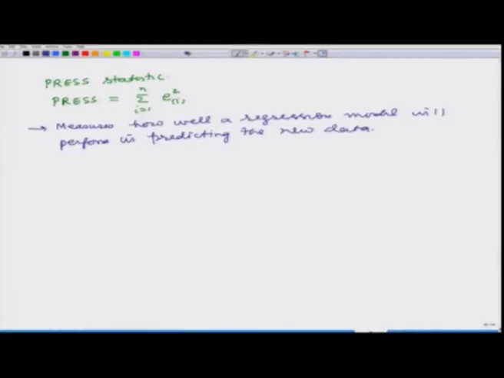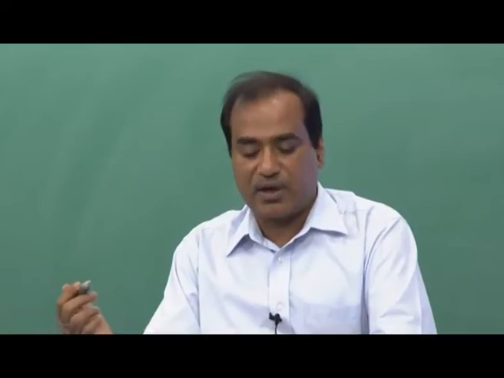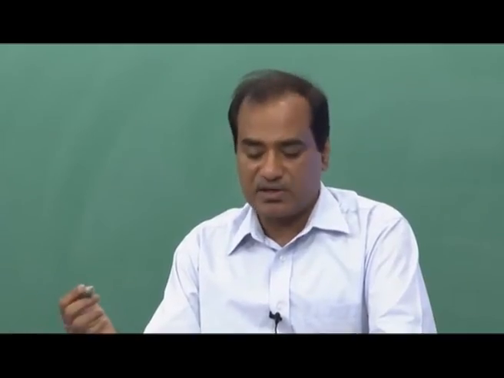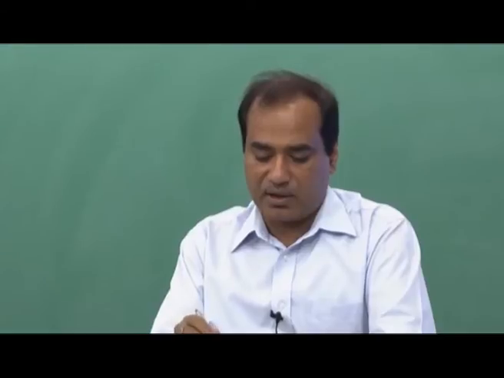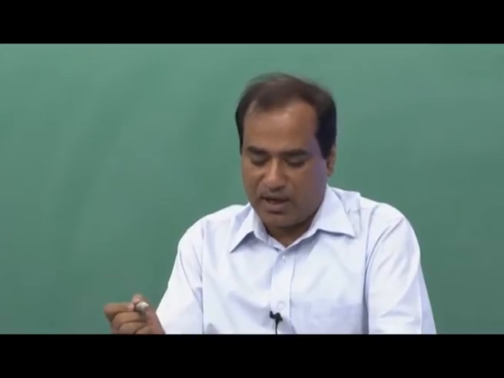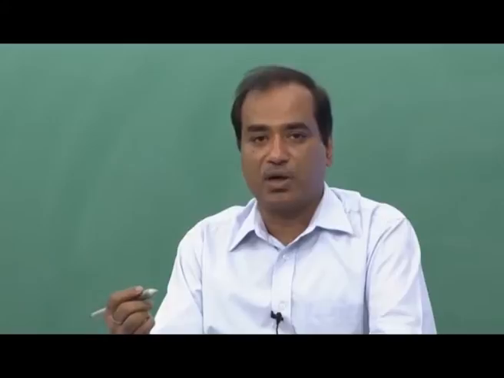So, you can see now we are moving towards the aspect of forecasting and prediction. This is one statistic that will help us in diagnosing whether the fitted model is going to work well in case of prediction or not.